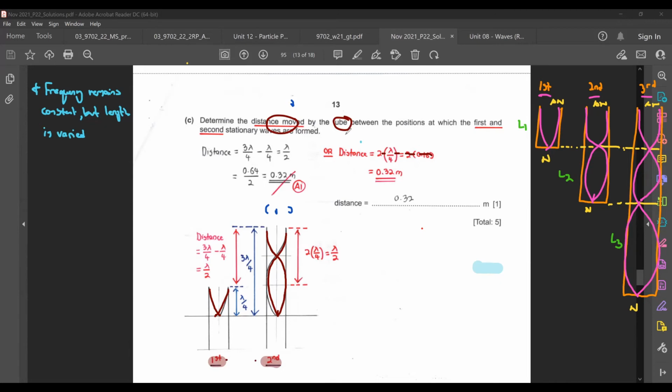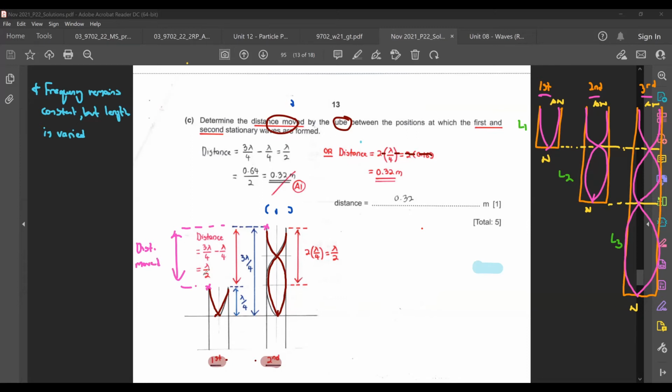If you want to find the distance moved, you can just pick a reference point. Let's just say I pick the top end of my tube as my reference point, this distance here is the distance moved.